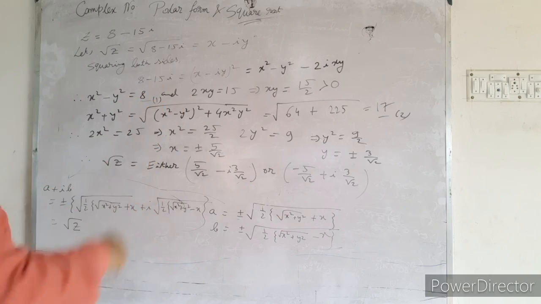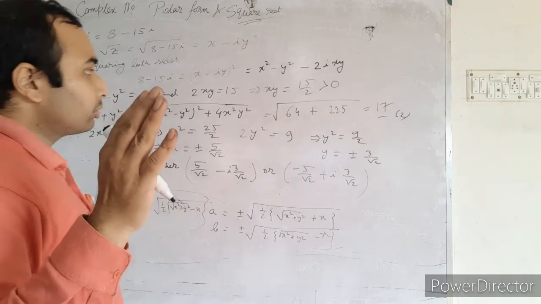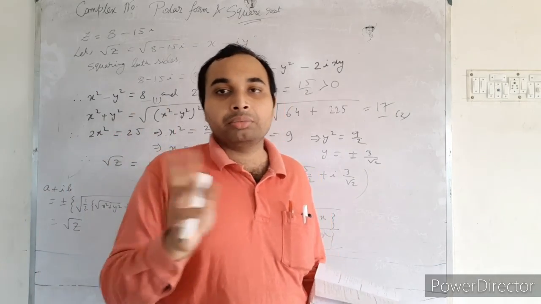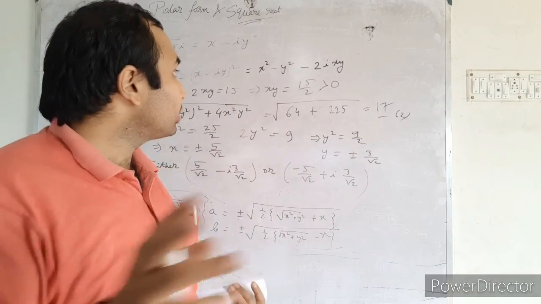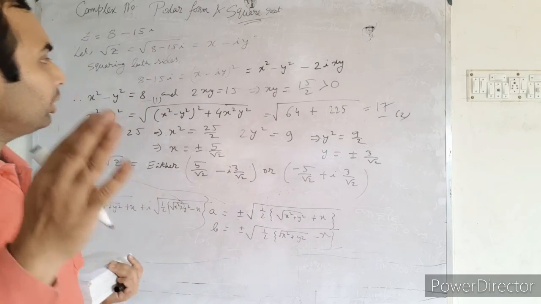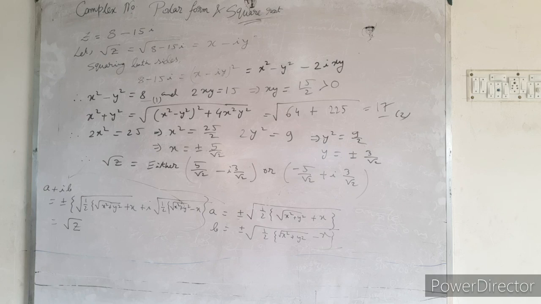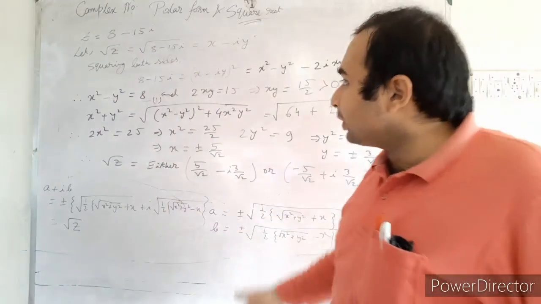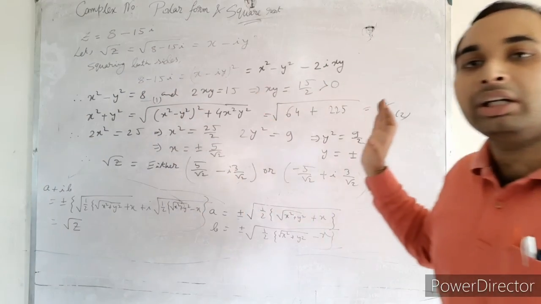If it is negative, then the signs of x and y are different, and if the value of xy is positive, then the sign will be the same. So this is the process to find the square root of complex numbers. All the sums you just have to do in the same way, and you will get the result.